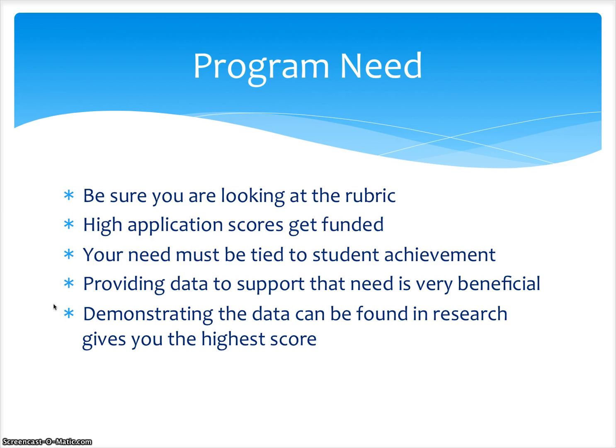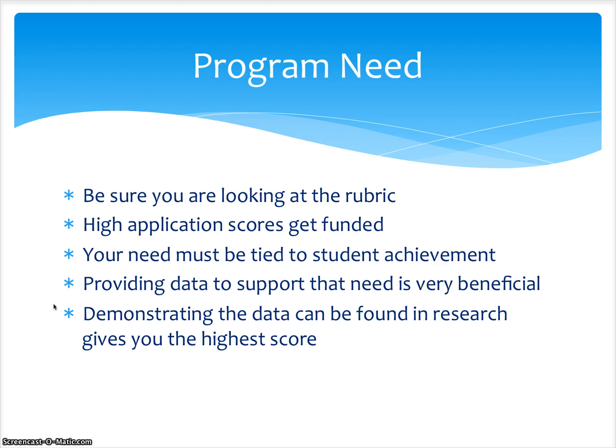In order for you to receive the highest points for program need, your need should be tied to student achievement, there should be data that supports this need, and finally, to get the highest possible score, the data you've identified that's tied to student achievement can actually be supported by research. That's not always possible, so you may not be eligible to get 3 points, but in order to get 3 points you need to have student achievement in your need, you need to have data that supports that, and it needs to be found in research.